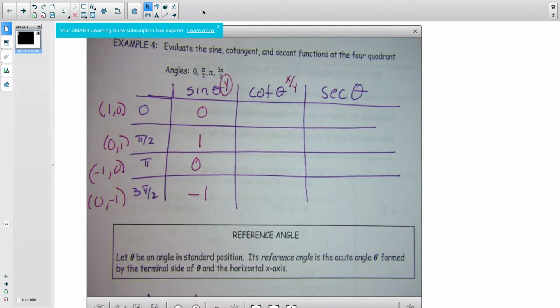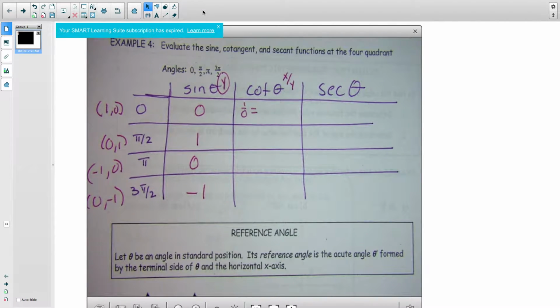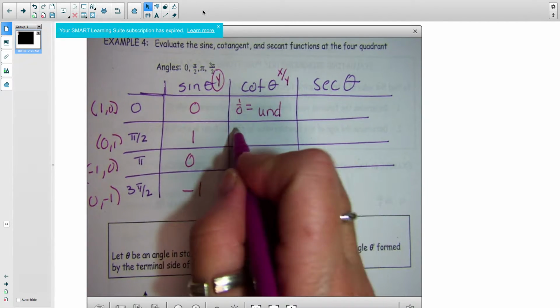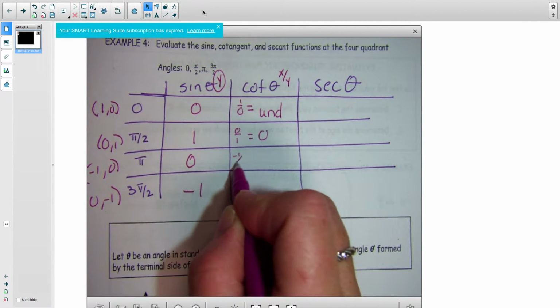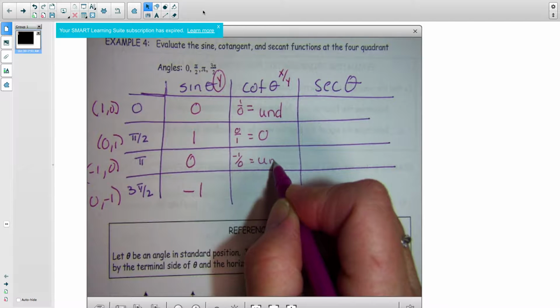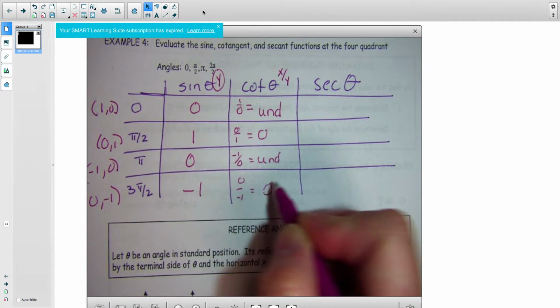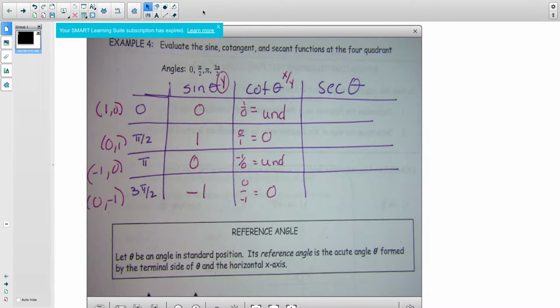X over y. So this is 1 over 0, which is undefined. This is 0 over 1, negative 1 over 0, and 0 over negative 1. These ordered pairs came from the unit circle.